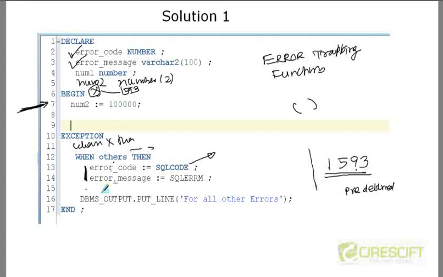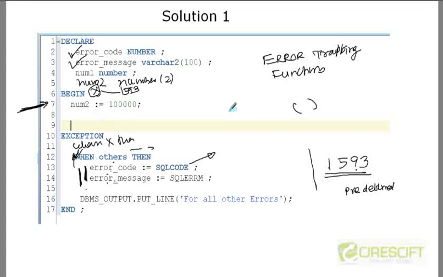So in that case, I make sure that whatever program I write, if I do not handle an error properly, then while testing this piece of code or even during the production cycle, I can check the error code and error message that is coming. Any unhandled exception always goes to WHEN OTHERS, and then I can come to know the error code and error message which is not handled, and handle it properly.